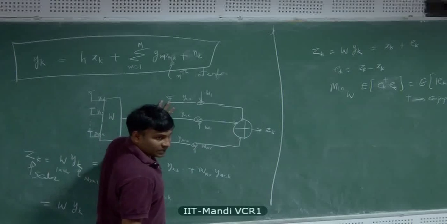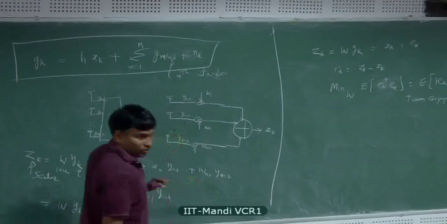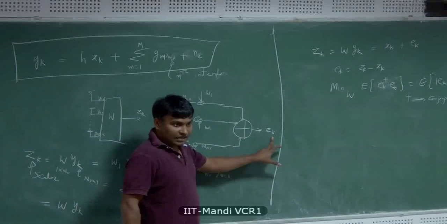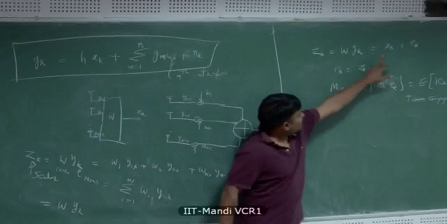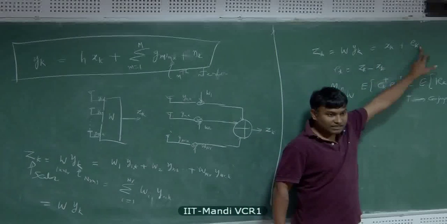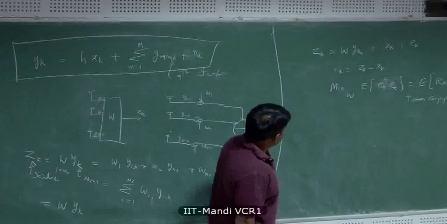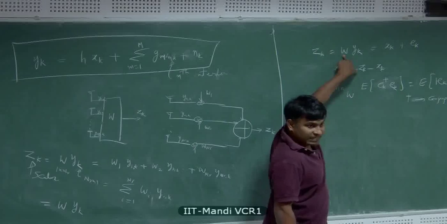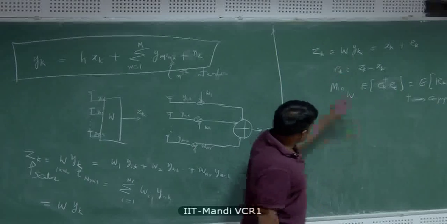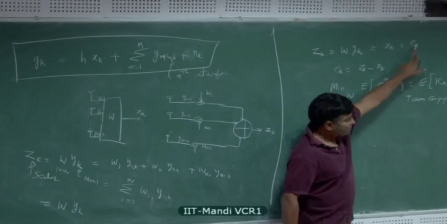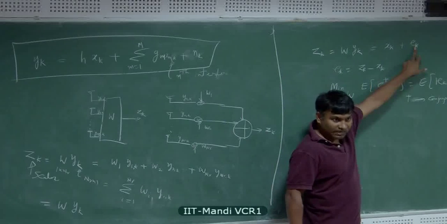This is called a SIMO system, single input, multiple output. So, Zk is a scalar, as if you have transmitted a constellation and it is corrupted by some filtered noise. Now, you want to design these weights W. You choose this W such that the power contained in ek is minimized.